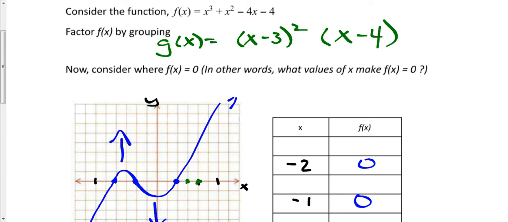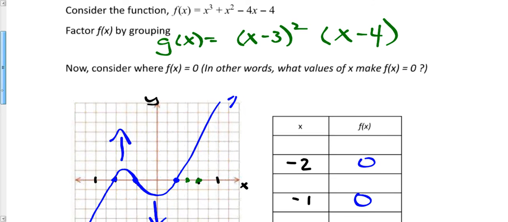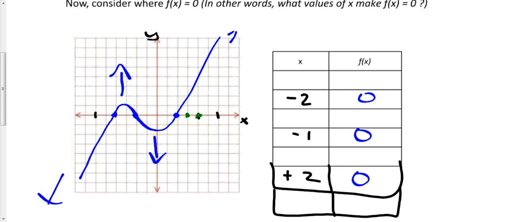So it's going to look like this, right? How many times does this cross the x-axis? Twice. How can something that does this only cross twice? Well, it's going to start down and to the left, and it's going to end up and to the right.